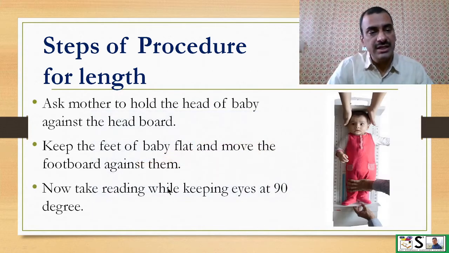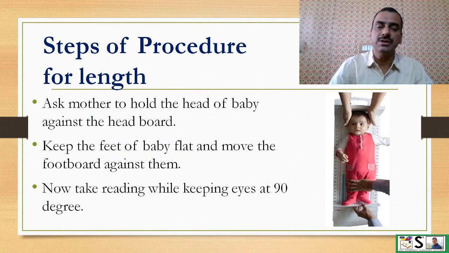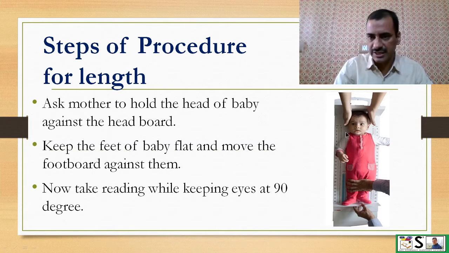Then in the next step we ask the mother to hold the head of the baby against the headboard like this, and then keep the feet of the baby flat in this way and move the footboard against the flat feet. Now take the reading while keeping eyes at 90 degrees.